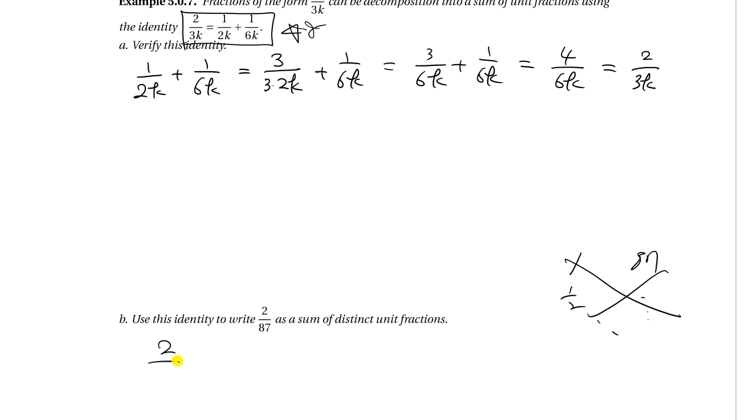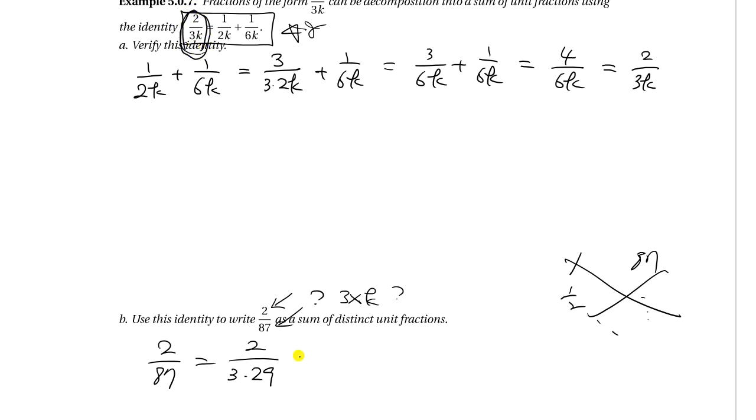So 2 over 87 is 2 over 3 times 29. The only thing they need to check is, if the numerator is 2, whether the denominator is a multiple of 3 or not. So 87 is 3 times 29, which means it follows exactly that same format, 2 over 3k.